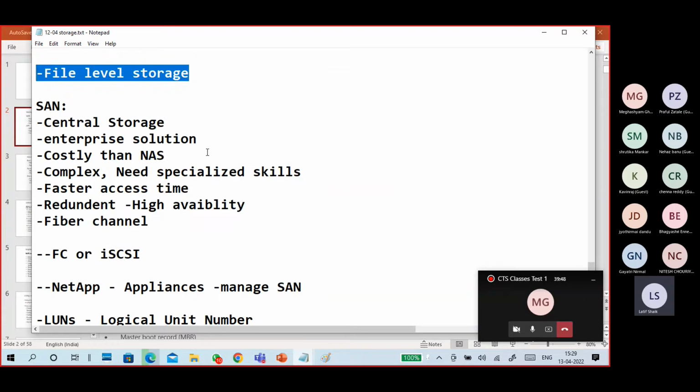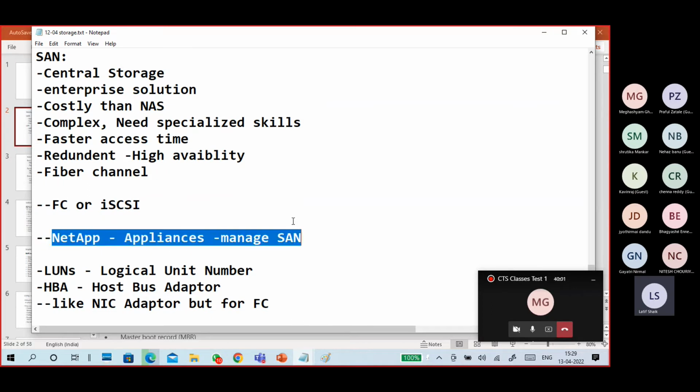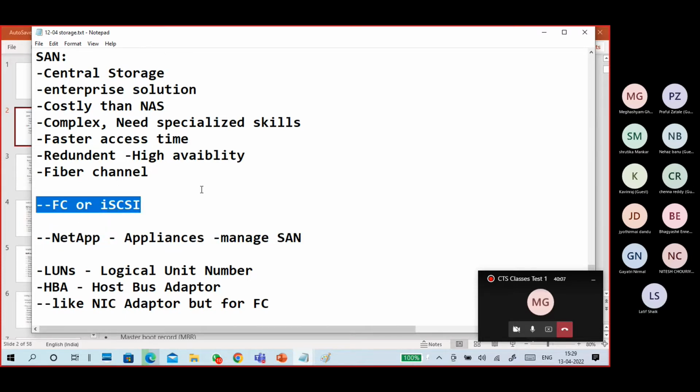It is a file level storage type. SAN is centralized storage, an enterprise solution, costlier than NAS, complex, and needs special skills. You need special applications like Dell EMC, NetApp, that kind of stuff. Fibre Channel and iSCSI types of protocols are used to connect devices.